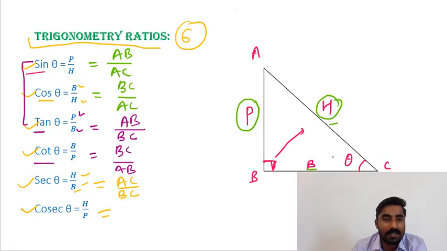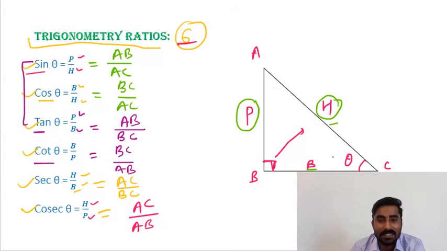Similarly, cosec theta is the reciprocal of sin theta. Sin theta is perpendicular upon hypotenuse, so cosec theta will be hypotenuse upon perpendicular, which is AC upon AB. So there are 6 trigonometric ratios: 3 are very common and the other 3 are reciprocals of the remaining 3.